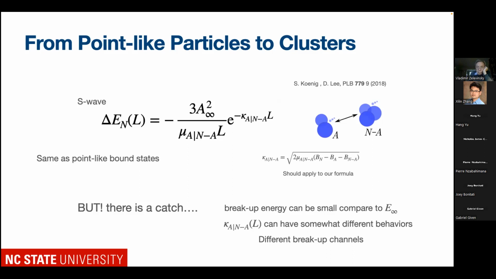So that is going to interfere with our assumption that the binding momenta are not away from the poles. We need to include those terms, which is the kappa a little bit away from the poles, and see how the terms behave. Also there are multiple different breakup channels that could severely impact our results.